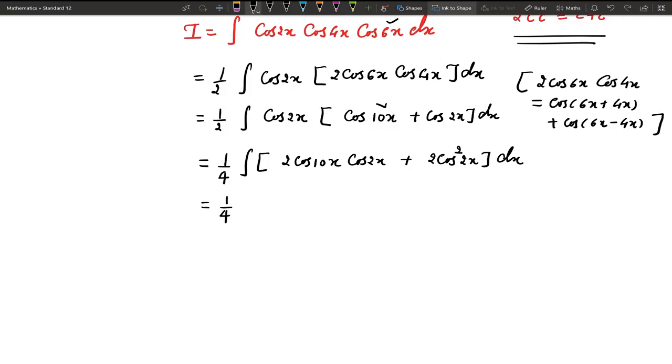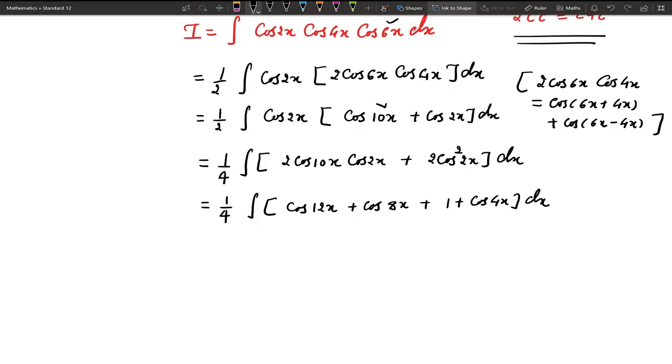So this is 1 by 4 integration of (cos 12x plus cos 8x plus 1 plus cos 4x) dx.